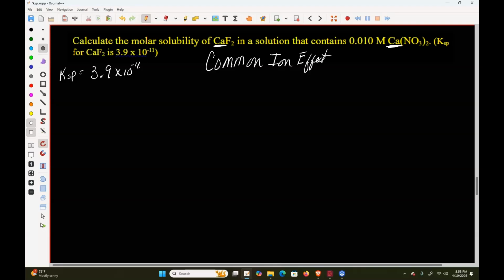So let's write out our equation here. So we have calcium fluoride, which is a solid, producing calcium 2 plus and 2 fluorides. Let's do an ice table here.